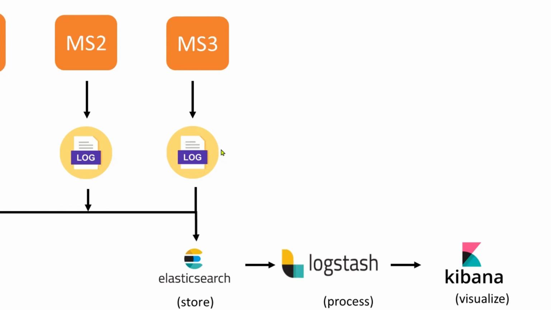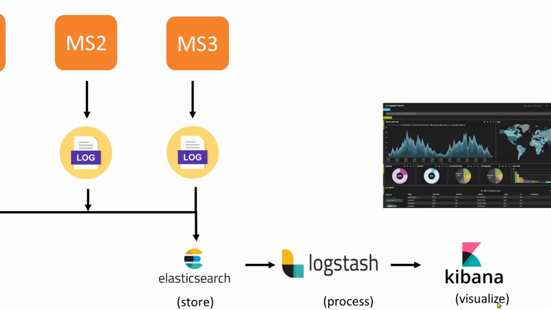So the first point here is you should not store the logs in your container, because whenever the container restarts, the log information will get flushed off. So store it in a separate storage or environment, and that will be processed by Elasticsearch with the event stream, then processed into the required data formats, and finally visualized using Kibana.